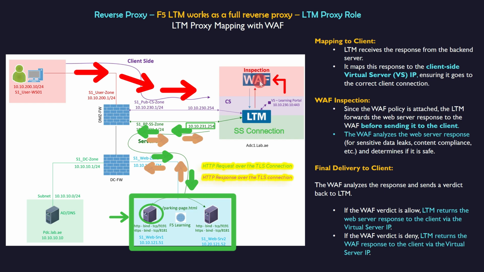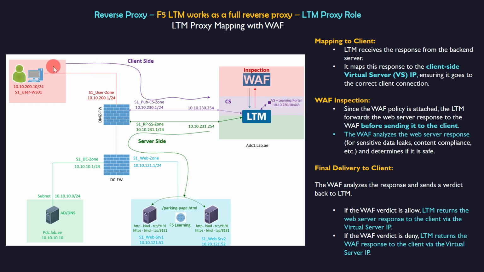Now, the WAF inspects the web server response and gives the verdict to LTM. If the WAF verdict is allow, then the LTM returns the actual web server response to the client through the virtual server IP. If the WAF verdict is deny, then the LTM returns the WAF block page to the client through the virtual server IP.